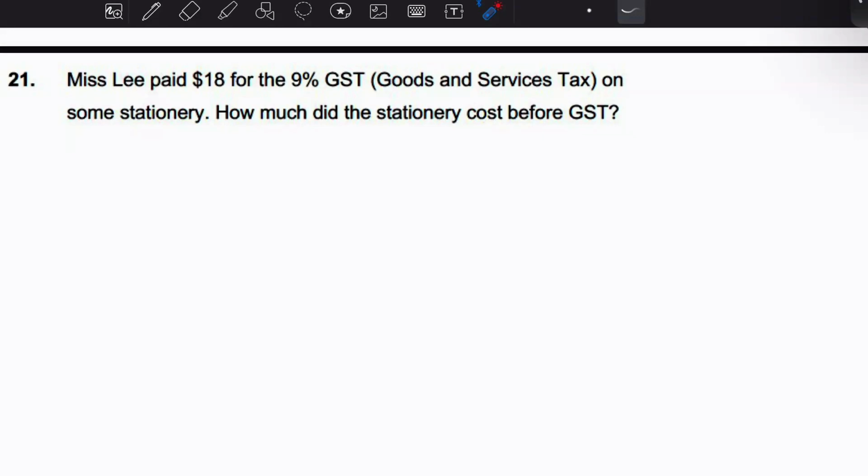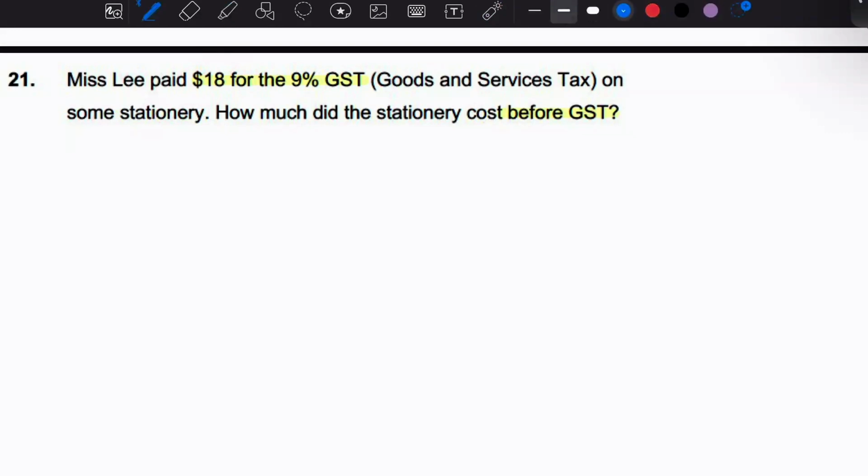Question 21. Miss Lee paid $18 for the 9% GST, which means that the GST she paid is $18 on some stationery. How much did the stationery cost before GST?